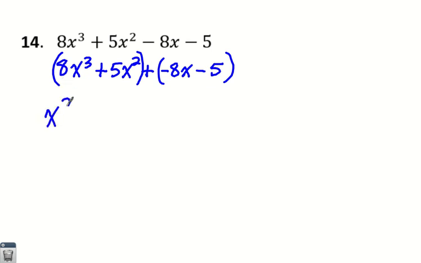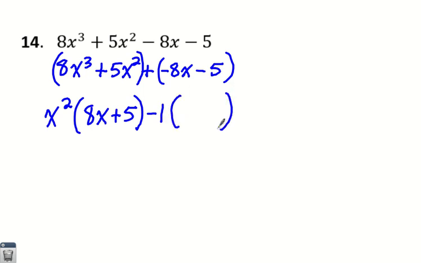Again, x squared, which leaves 8x from that term and just a 5 from there. Okay, what's the GCF from the second group? You know what it is? It's negative 1. I told you, even if your GCF is just 1 or negative 1, you still divide it out.